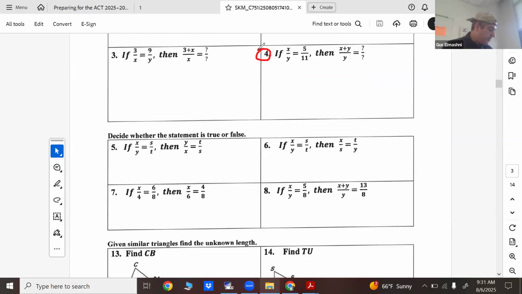Now for number four. Okay. For number four, a little tricky again.